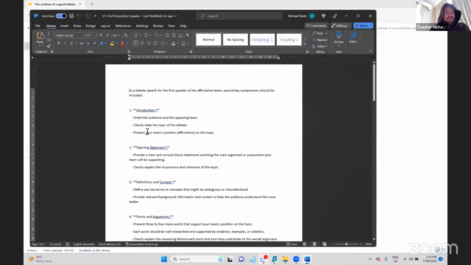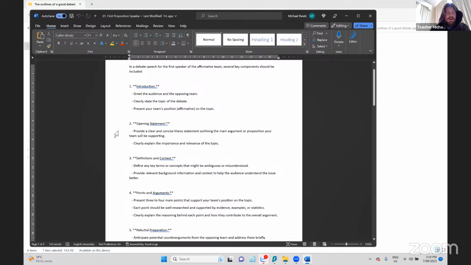Once we've done that, the next thing we want to include is an opening statement. This is where we provide an easy to understand and short little statement that just outlines the main argument of our team. This isn't just supporting the motion, this is starting to let the audience know what we're going to be arguing to prove our point.